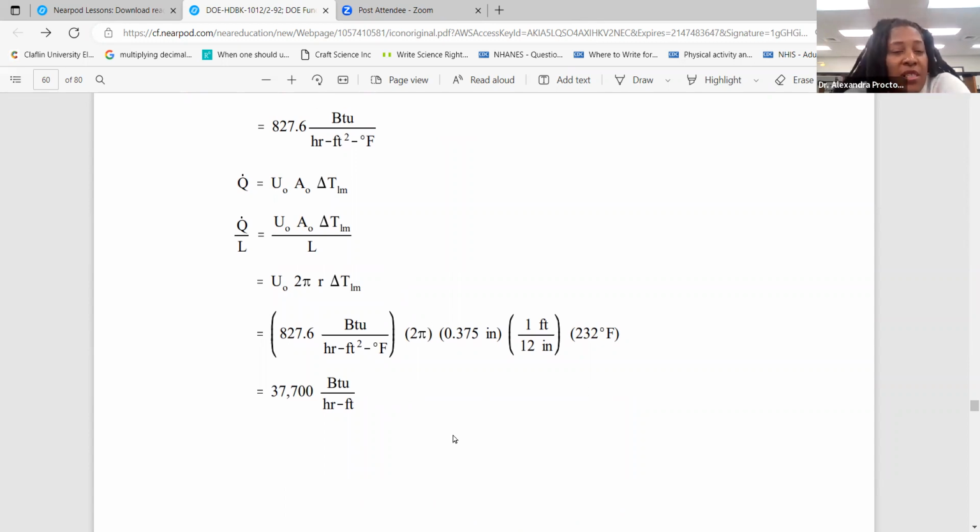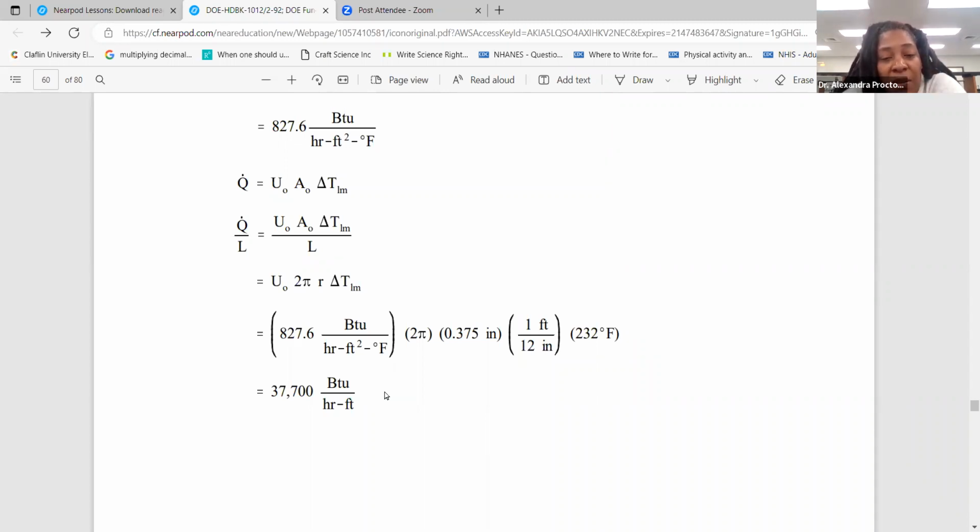And so what they do is they plug in and solve. This is the equation that you actually use. 826, which was previously calculated, BTU per hour foot squared degree Fahrenheit, times 2 pi times 0.375 inches.